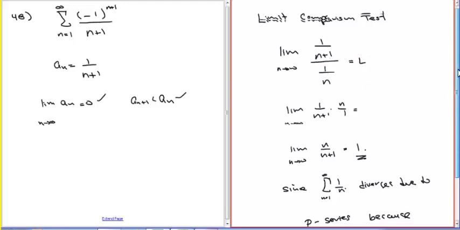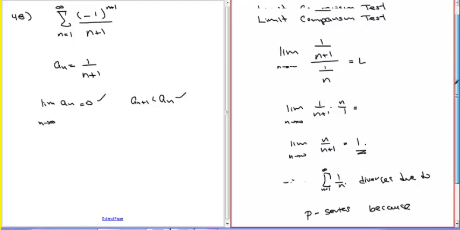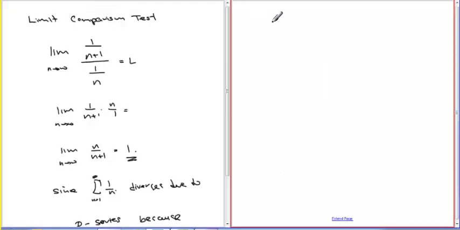Therefore, the original series, the alternating series, which I think was that, is what we would call conditionally convergent. So that was problem number 48.